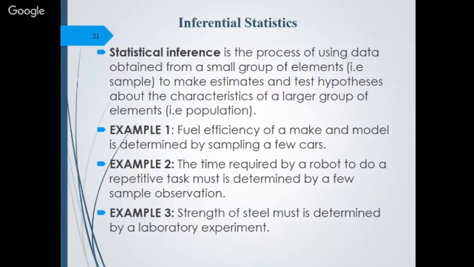The next example is the time required by a robot to do a repetitive task, which must be determined by a few observations. Engineers prepared and manufactured a robot to undertake a particular task. Sometimes a machine's efficiency may vary depending on conditions, so we want to observe the average efficiency of that machine.